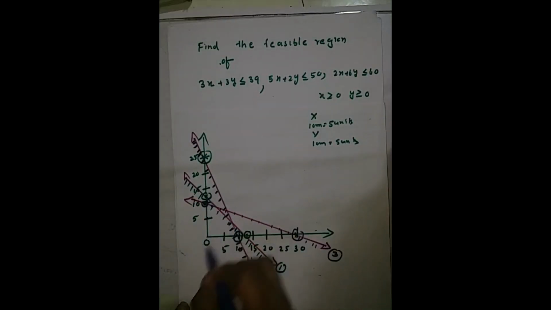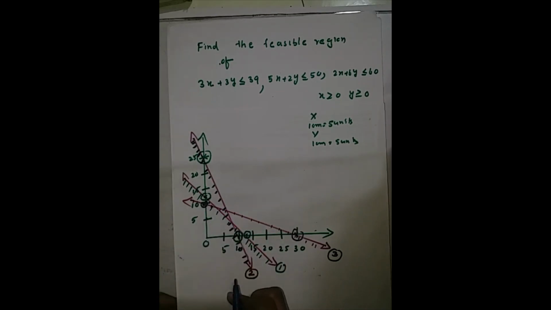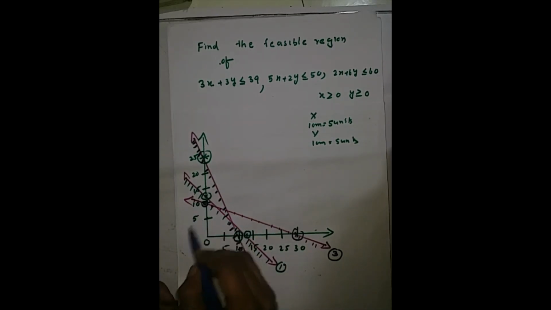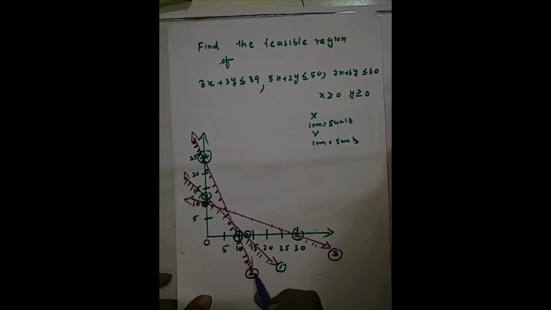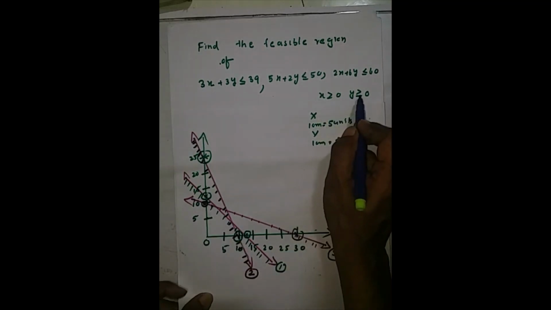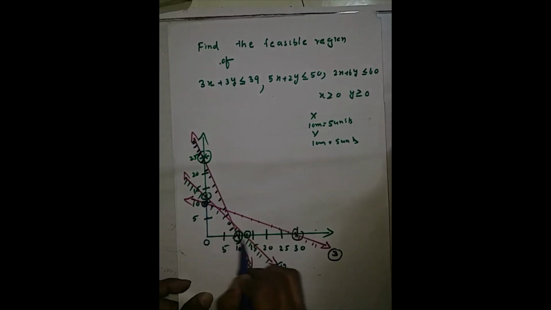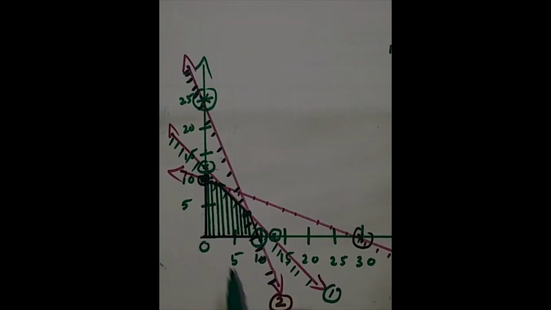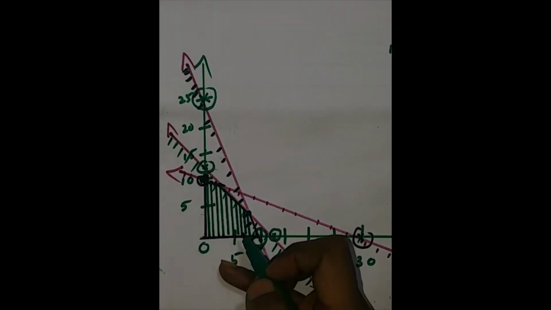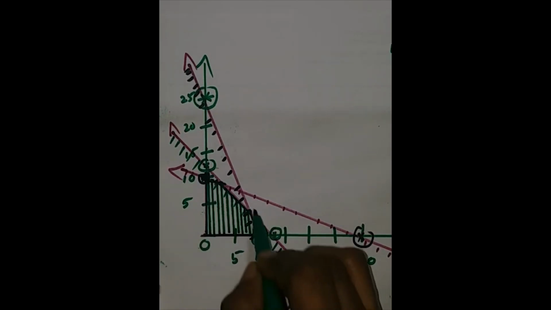So the common shaded portion will be this region, because here the entire downward region is coming, but it is given x and y are positive. So x-axis and y-axis are the boundary. Only the first quadrant is our solution. So the solution of the 3 inequalities is this shaded region.